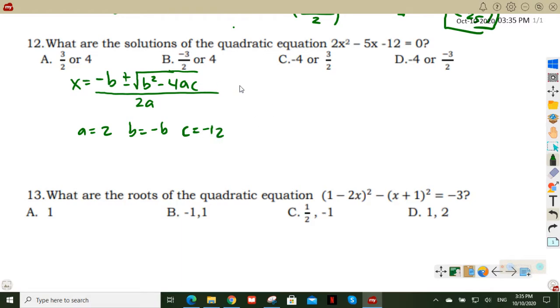Okay, so substitute that in the equation. So x is negative, remember there is a negative here, so this is 5, right? That negative is original in the equation, so you have to carry that, and the b is negative, so you also have to write negative b.